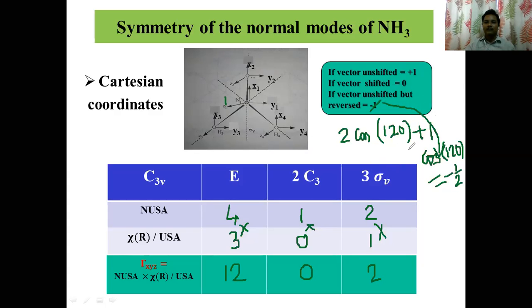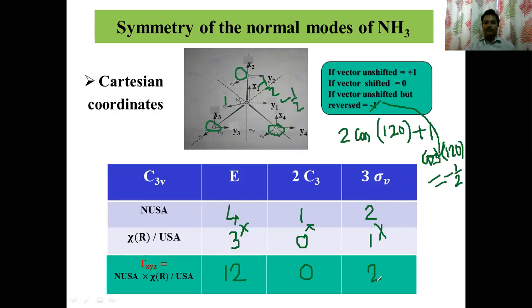So this is what I wanted to discuss compared to your water molecule. So therefore this is going to be minus half. Y1 is going to be minus half, right? And then this is going to be 0 for nitrogen, and the rest of them are also automatically going to be 0 because all the vectors are going to be shifting, right? So therefore the total is going to be 0, right?